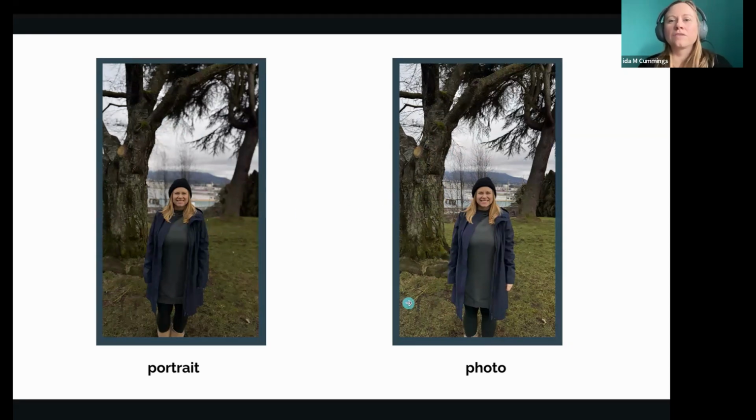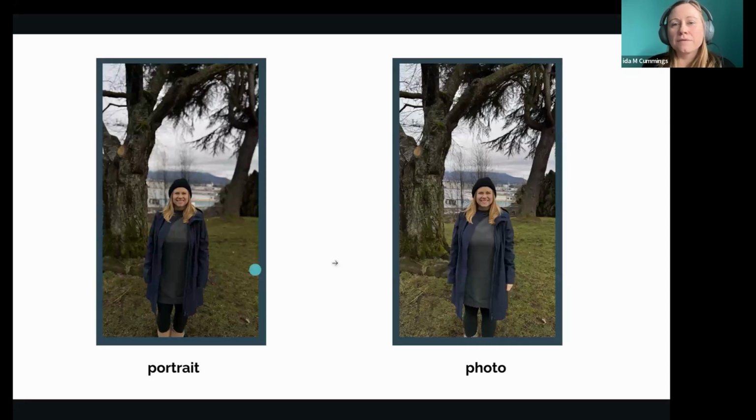When you're taking pictures at events and there's lots of people, photo is great. However, once you're taking individual pictures, or if you know exactly what you want to stand out from the background, switching to portrait mode is going to make the photo just pop a little bit more.